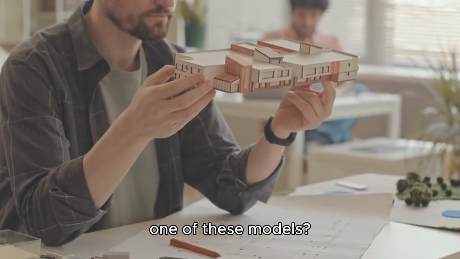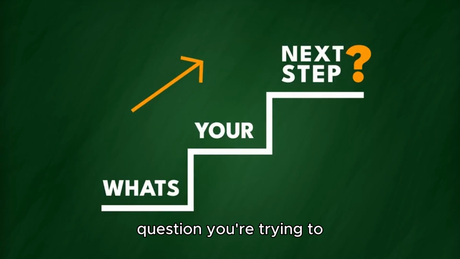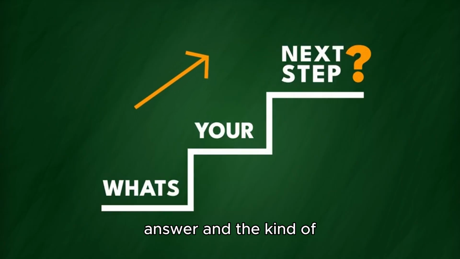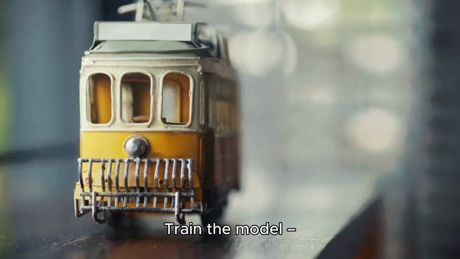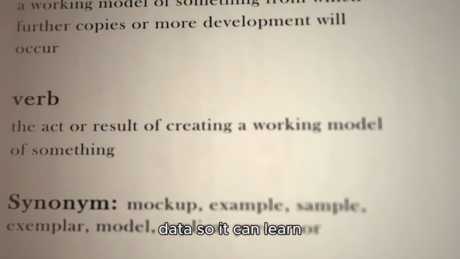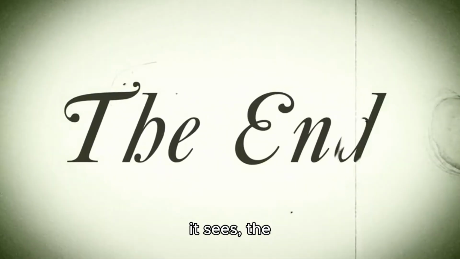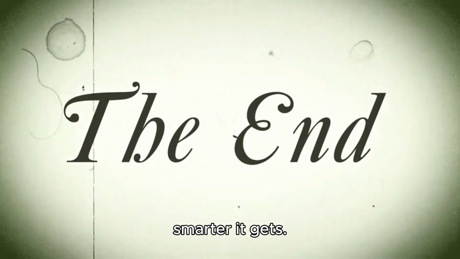So how do we actually build one of these models? Let's walk through the basic steps. Choose the right model based on the question you're trying to answer and the kind of data you have. Train the model. This means feeding the model with past data, so it can learn patterns. The more examples it sees, the smarter it gets.